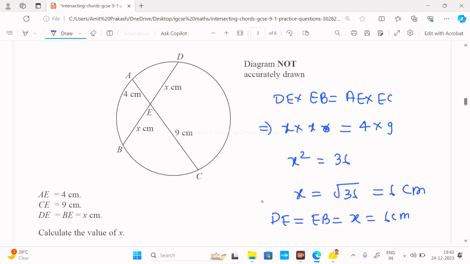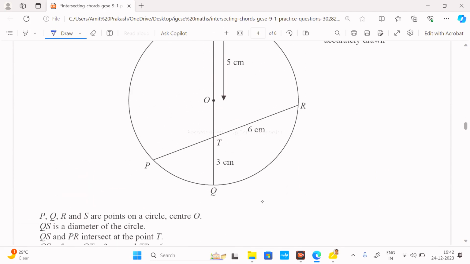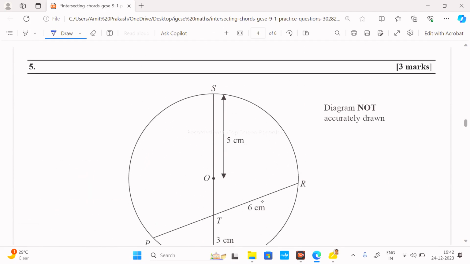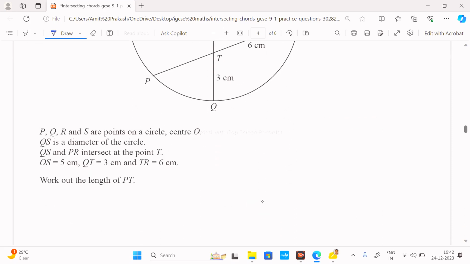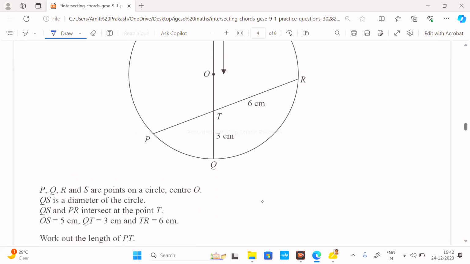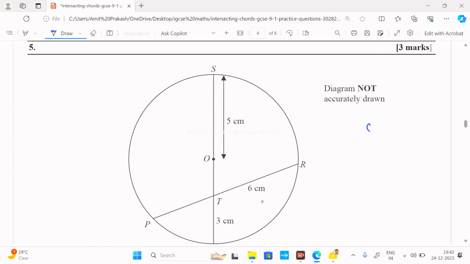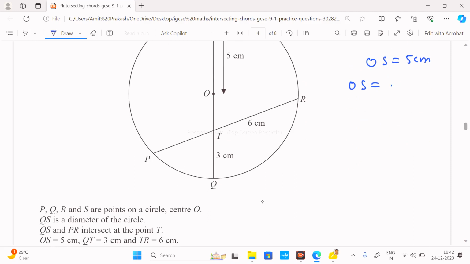Again we are moving to the next question. The next question: P, Q, R and S are points on a circle with center O. QS is the diameter of the circle. What is the radius? OS equals 5 centimeter, and since QS is the diameter, OQ is also 5 centimeter, since OS and OQ are radii of the circle.